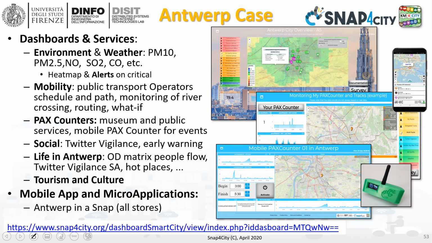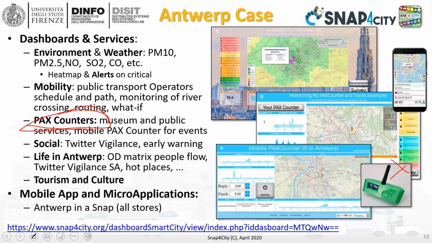In Antwerp, we collect data regarding environmental, mobility, and also PAX counter. PAX counter data is specific for Antwerp, in which they have 22 different PAX counters, such as those reported in these slides, for monitoring the people flow in the city, with the measure museum and services there.